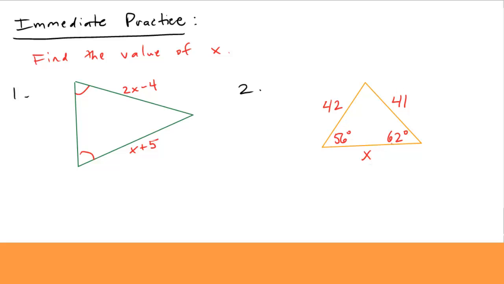But this angle on the left is 56, the angle on the right is 62. Your hint: find the measure of this angle up here. And then maybe you'll have some equal angles, and you'll have equal opposite sides, and you'll know whether x is 42 or 41. That is the end of section 4.4.